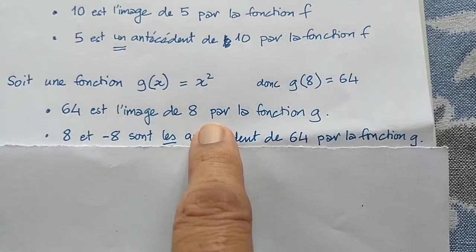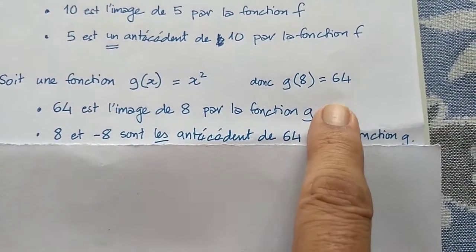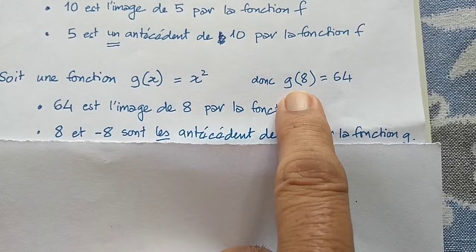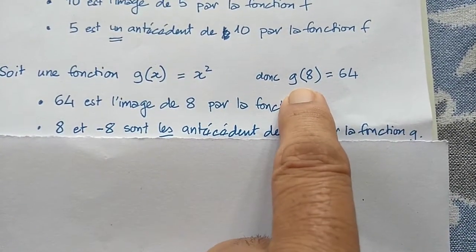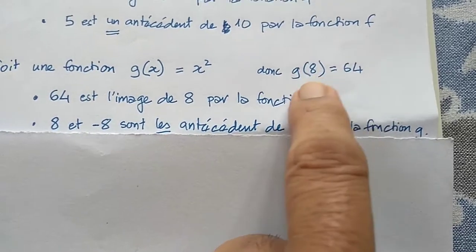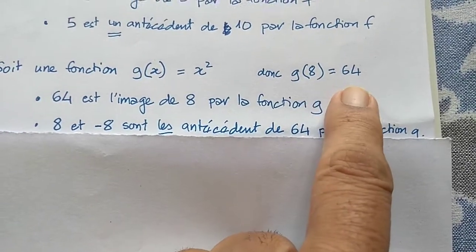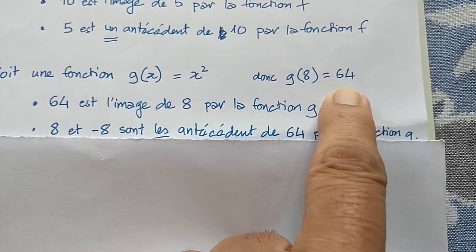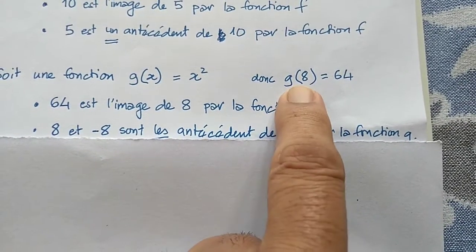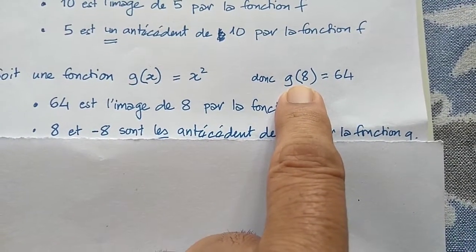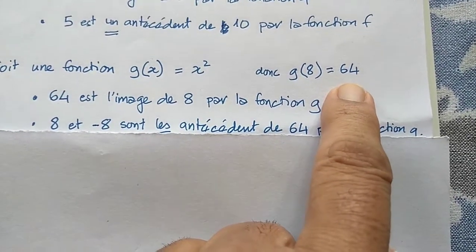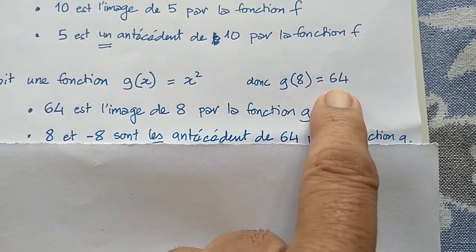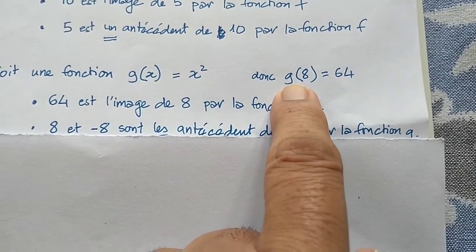So this is one function where every output has two inputs. Of course, every input has only one output. So if you have 36 here, then the input could be 6 or minus 6. The only time when the output has only one input is if this is 0, then the output is 0.